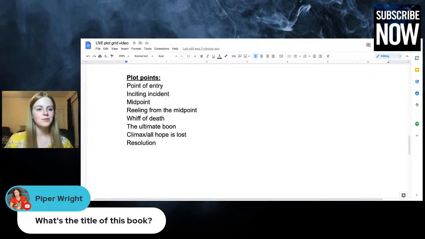And then I always start, when I figure out the plot points, I usually start with the inciting incident, because this is the point that your story really starts.